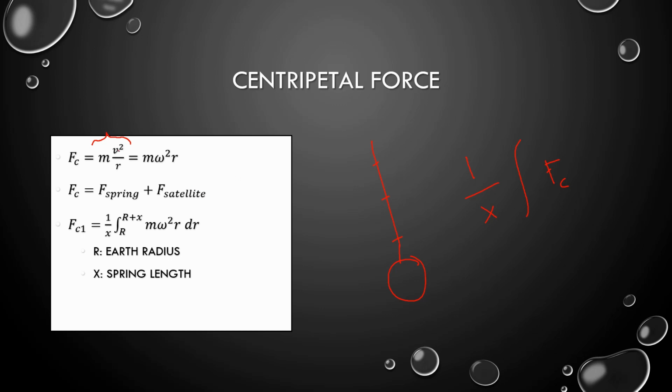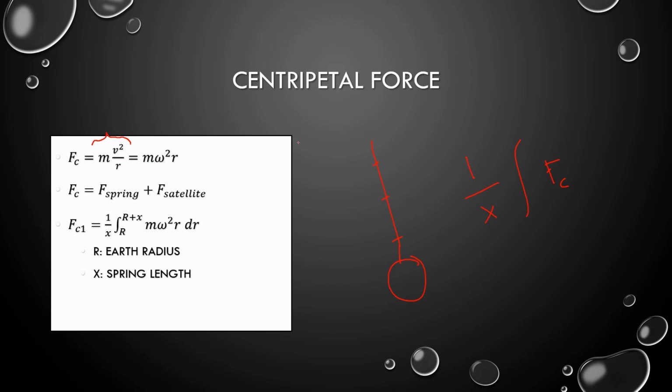However, we have a problem, because if we integrate this, we have two variables that are not constant, that is the velocity of the cable and the radius.